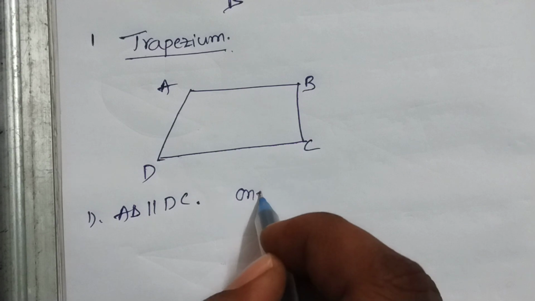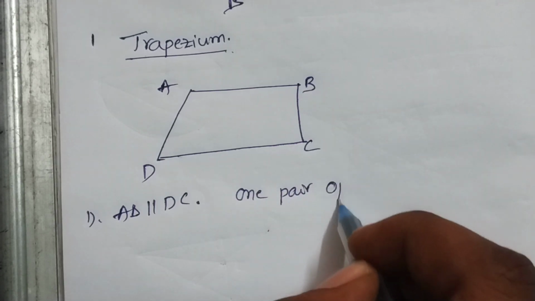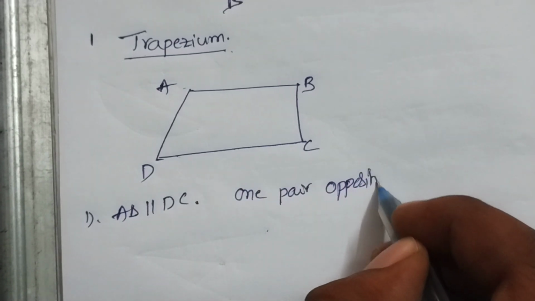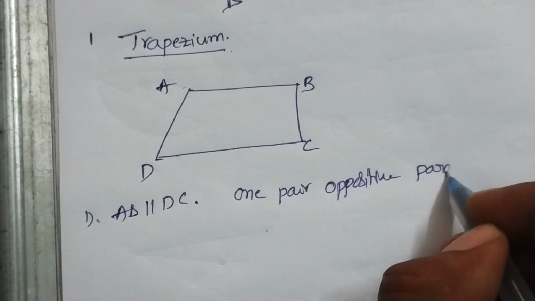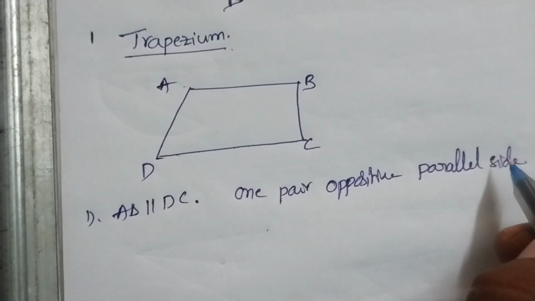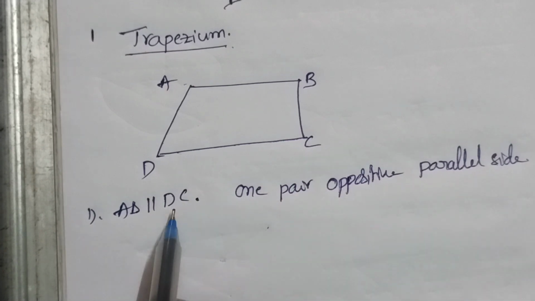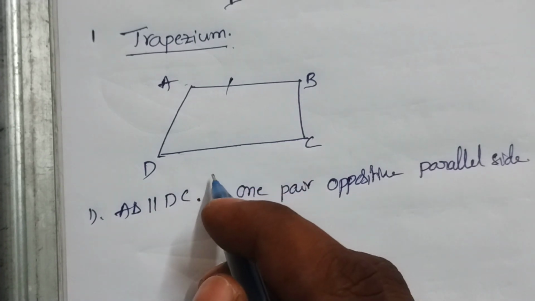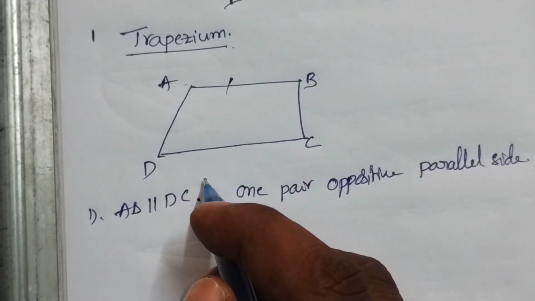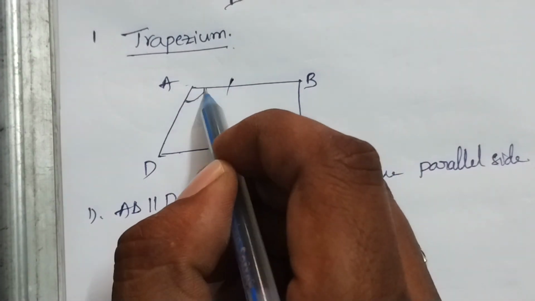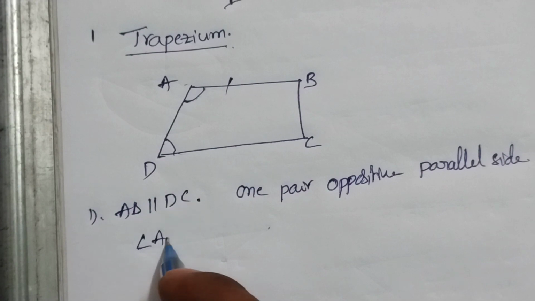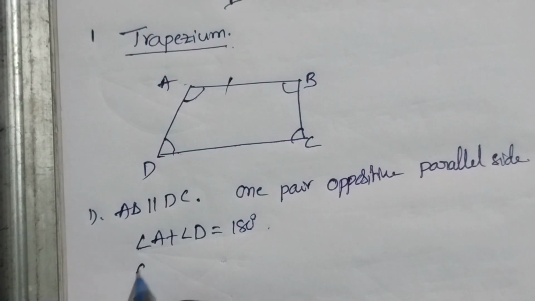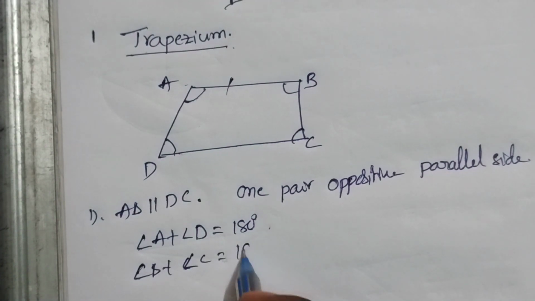So one pair of opposite sides, AB opposite to DC, are parallel. One pair of opposite parallel sides is called a trapezium. And the sum of the adjacent angles on the same side of the parallel sides, angle A plus angle D, is supplementary, and angle B plus angle C is equal to 180.